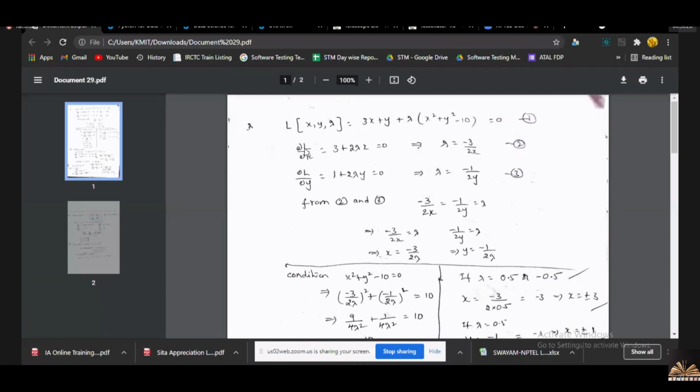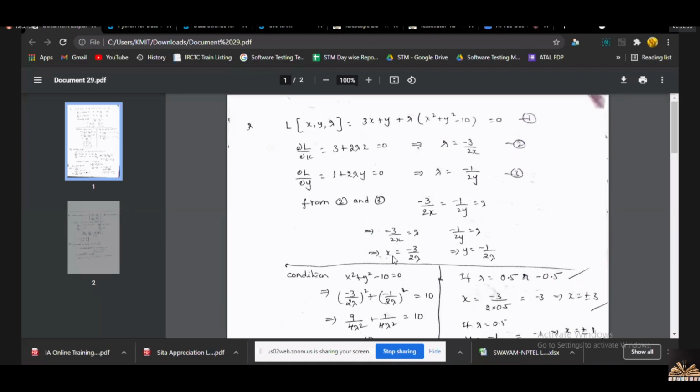Then we take the first derivative with respect to x from the objective function and the constraint, and the first derivative with respect to y from the objective function and the constraint. We got the lambda value from each, so considering these two equations, this is equal to this.